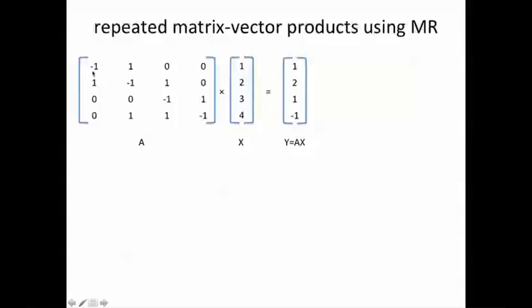So the first element of this product will be minus 1 times 1 plus 2, which will be 1. Similarly, the second element will be 1 times 1 minus 2 plus 3, which will be 2. The third element will be minus 1 times 2 plus 3, which will be 1. And the last will be minus 1 times 3 minus 4, which will be minus 1.